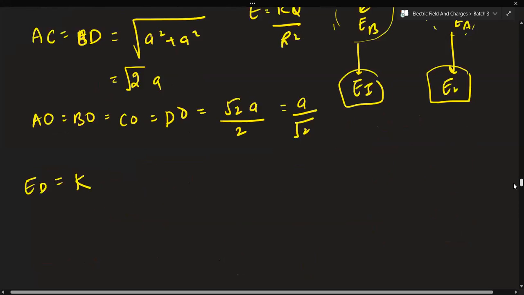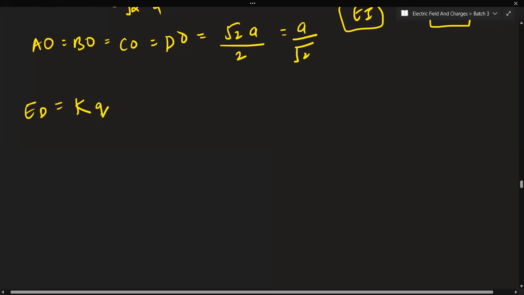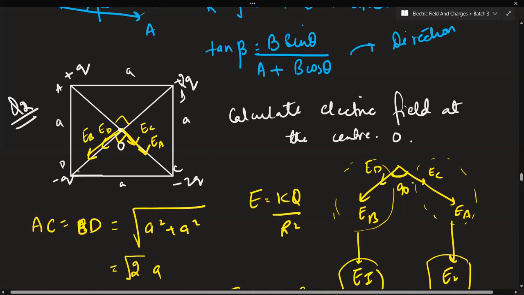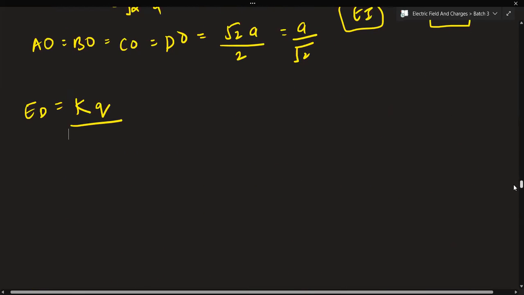So it will be K times Q divided by R squared. What is the separation? The separation from the charge to the point is DO, which is A by root 2. So R squared means A by root 2 whole square. This is ED. The root 2 squared becomes 2 and goes in the numerator. This will be 2KQ by A square.